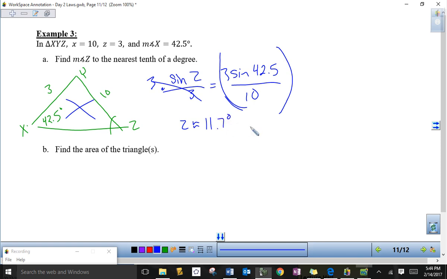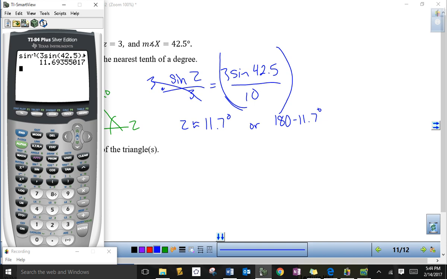Okay, but we also want to check the supplement. So 180 minus that 11.7 degrees, so 168.3.